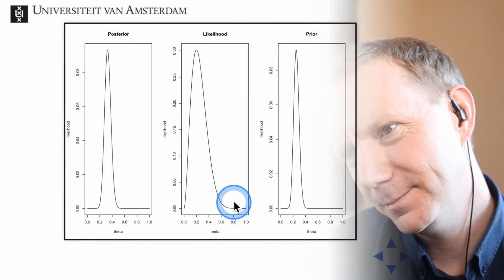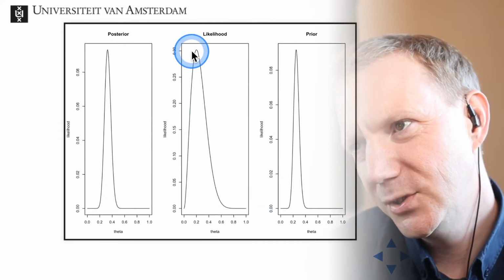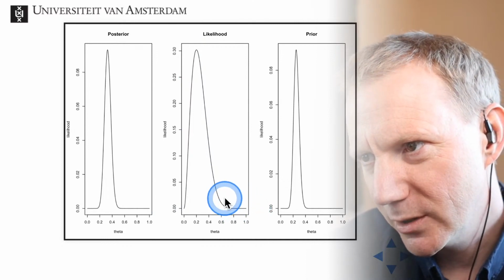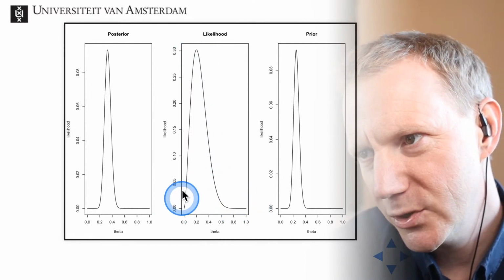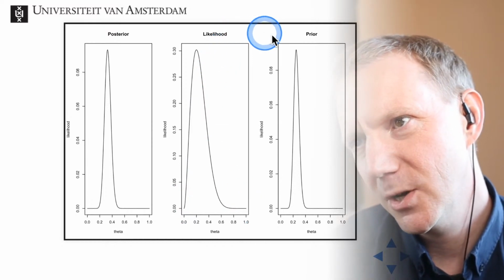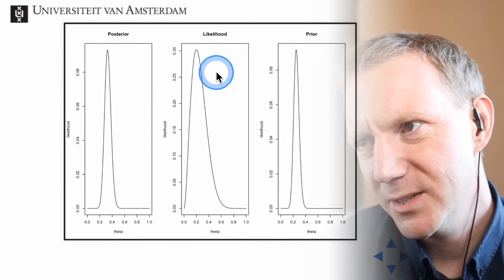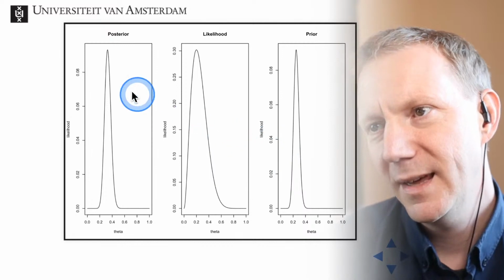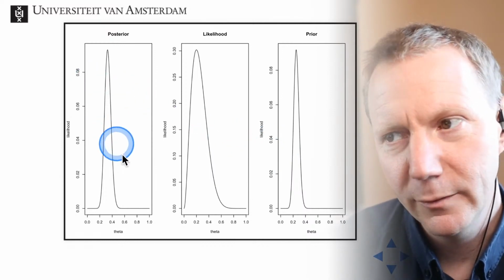They said, well, you threw 2 out of 10, and the associated theta distribution, the likelihood distribution here, looks like this. So you thought this, and this was the case. And if I multiply these two, then I will get my posterior belief.